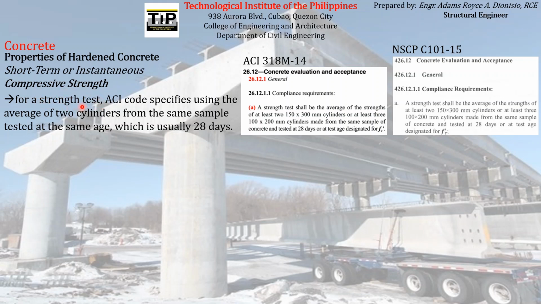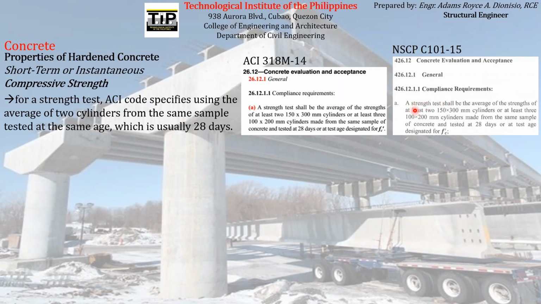The term strength test is defined by the code as the average of the strengths of at least two 150 by 300 cylinders. That is actually the 6-inch by 12-inch concrete cylinders. Or you can use at least three 100 by 200 cylinders made from the same sample of concrete and tested at 28 days or at the test age designated for FC prime.